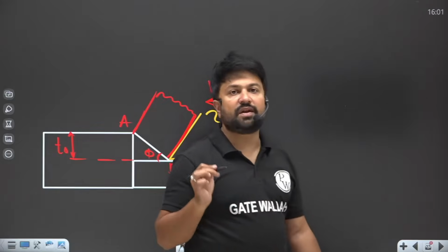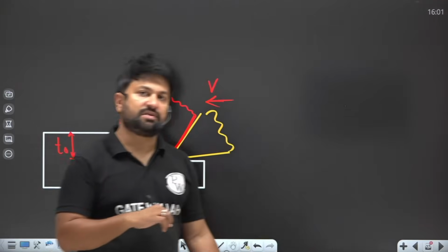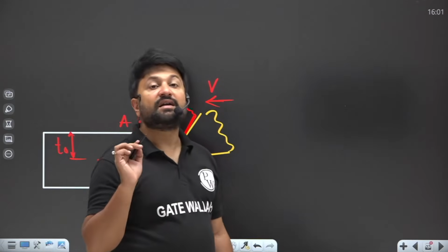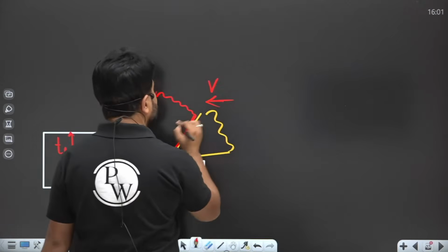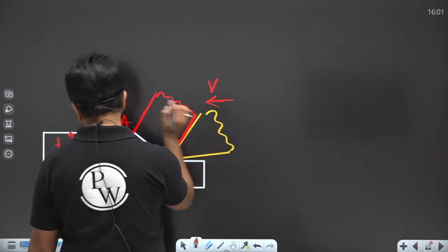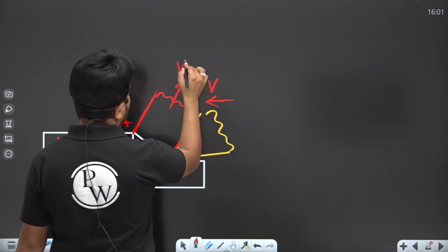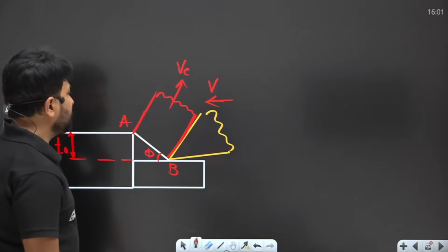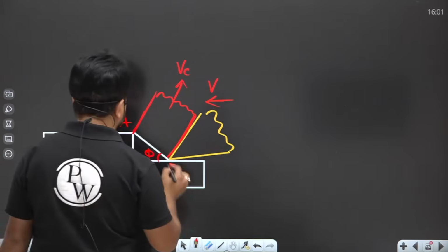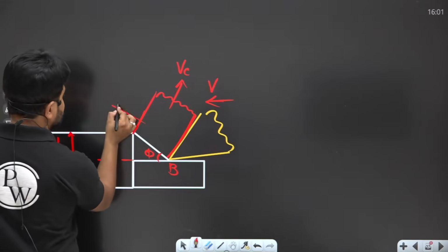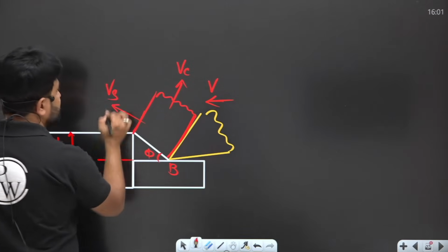All the velocities which come into the picture in cutting are relative velocities. This is V, the cutting velocity of the tool with respect to the workpiece. That is the velocity of the chip, and that is the shear velocity.